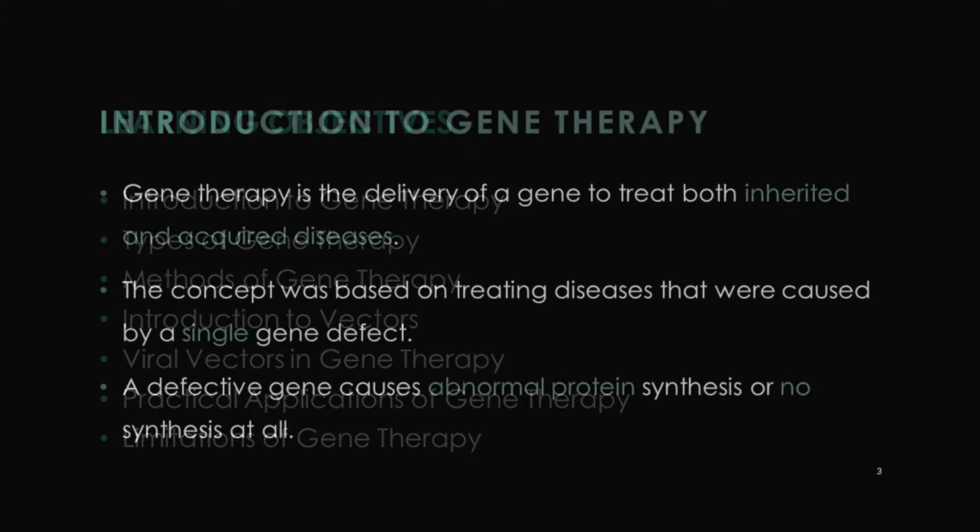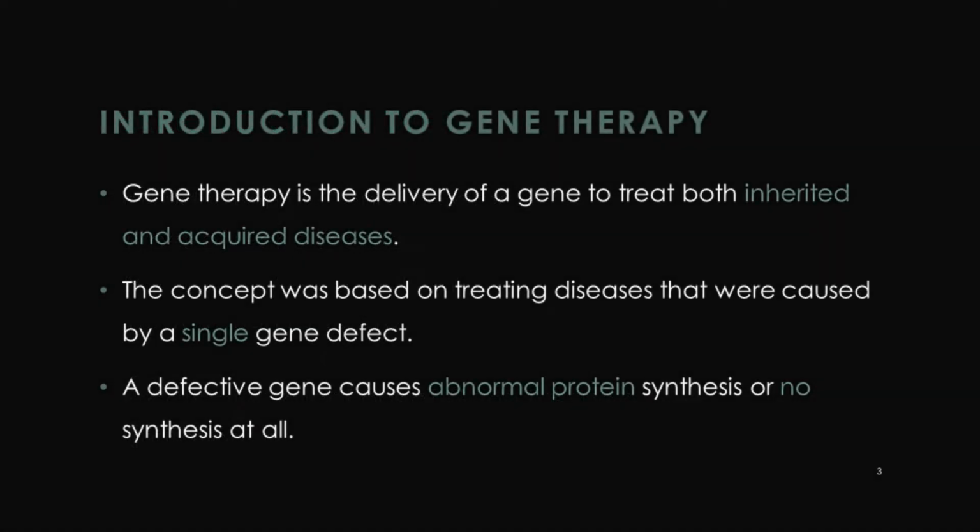So let's start. Gene therapy is basically introducing a gene to either treat a disease that someone is born with or to treat a disease that someone acquires. For example, it could be a case of hereditary anemia, or it could be a case of acquired infection.